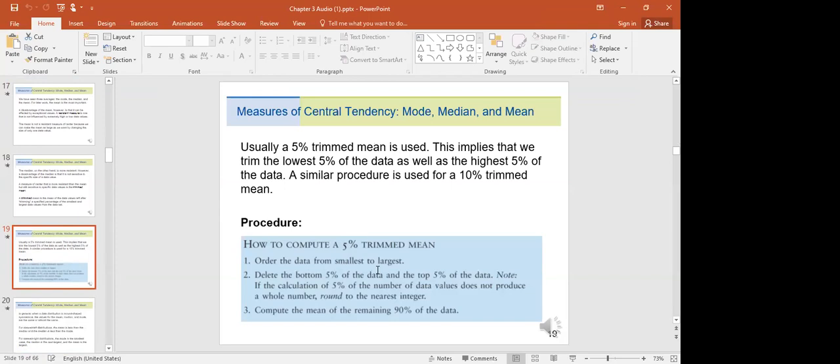A 5% trim mean is obtained by determining what 5% is according to the sample size. That is, you multiply the sample size by 5% and round it up and take those values to the bottom and the top. So a 5% trim mean will actually result in removing 5% of the values to the lower and 5% of the values to the upper side of the data. We will remain with the middle 90% of the values.